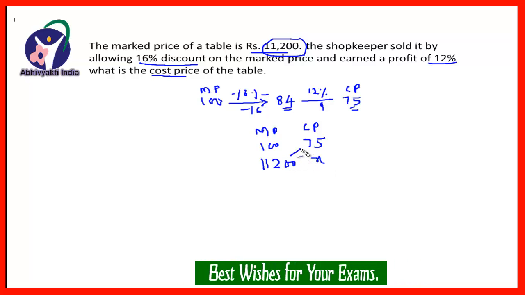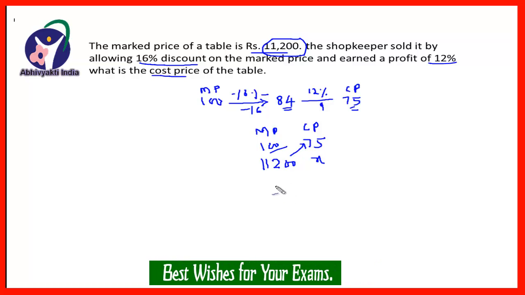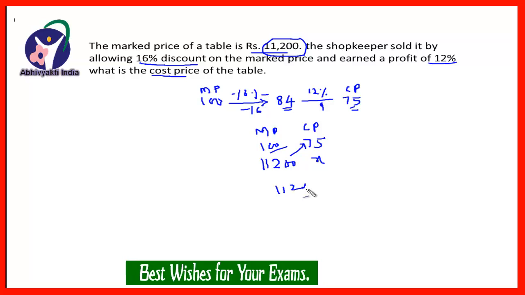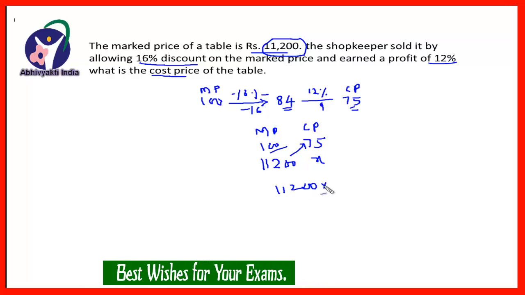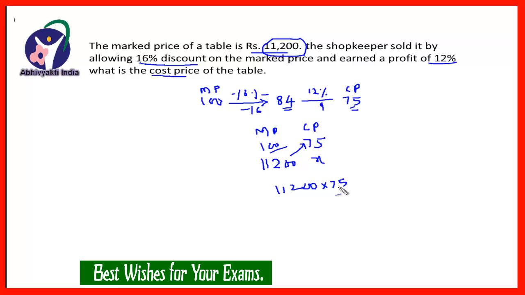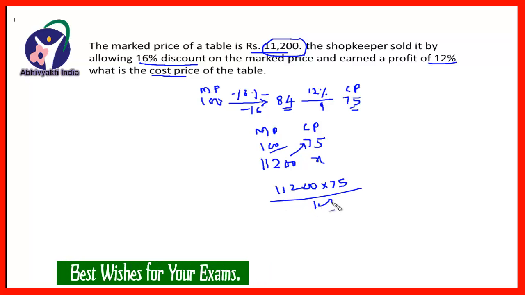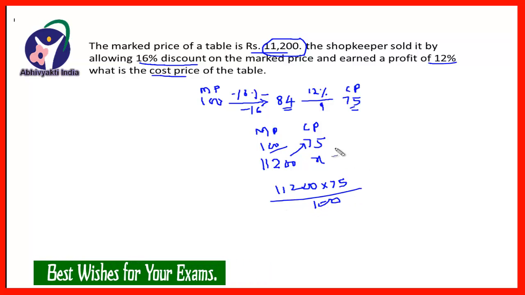This is the direct variation. So we multiply these two and divide by the first one. So 11,200 multiplied by 75 divided by 100. Friends, I always tell you that don't write this step.